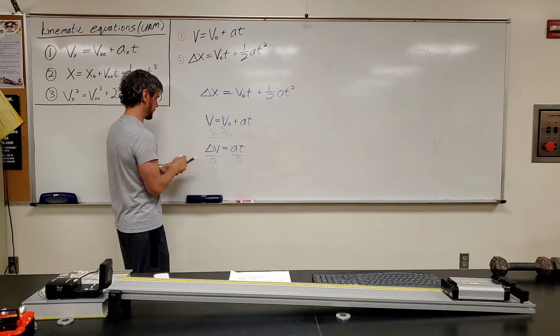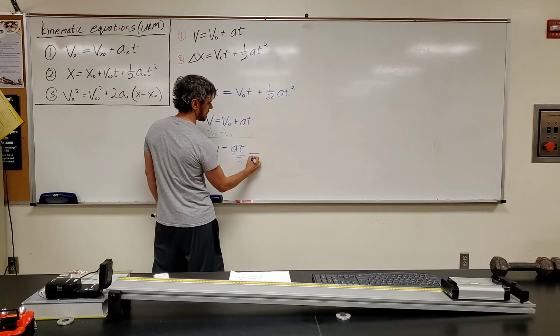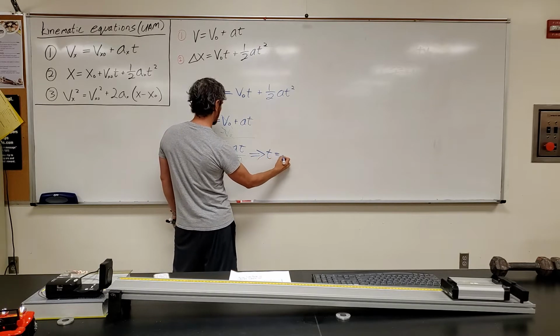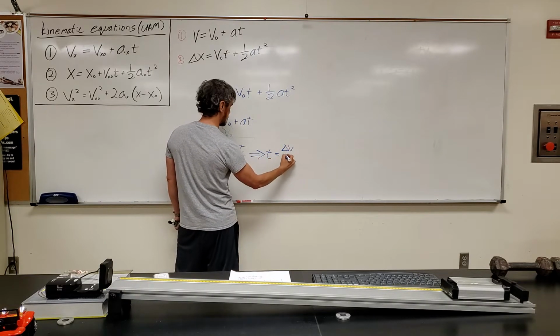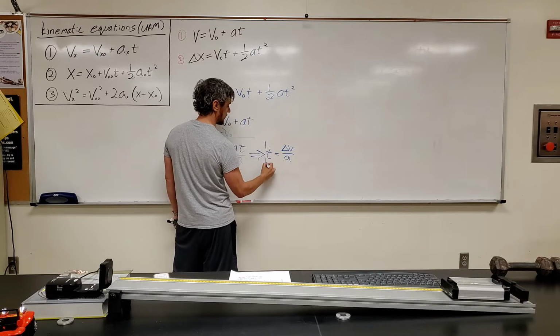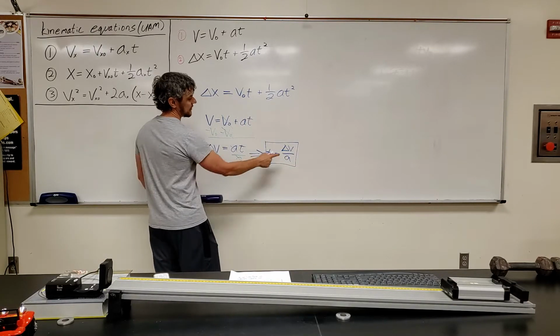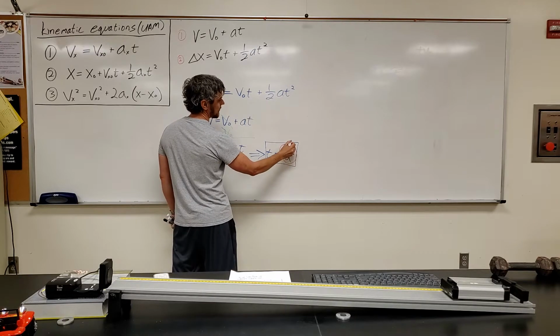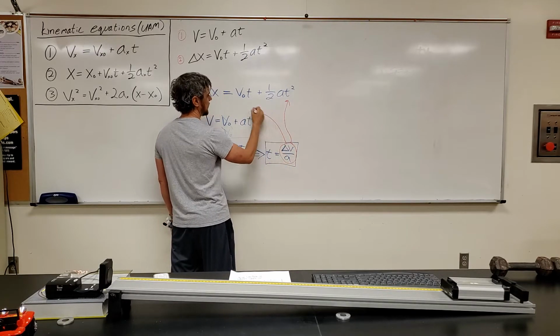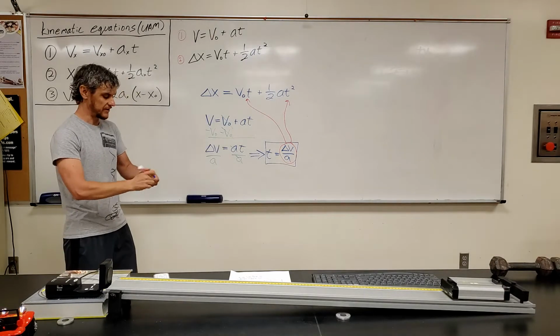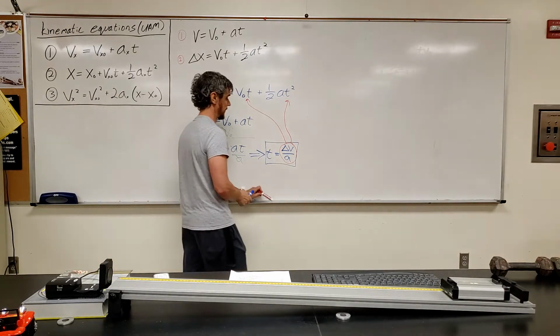Now t is by itself, and I know that the time t is just going to be the change in velocity divided by the acceleration. So I'm going to substitute that delta v over a in for the t's in kinematic equation number 2, and then simplify using my algebra.